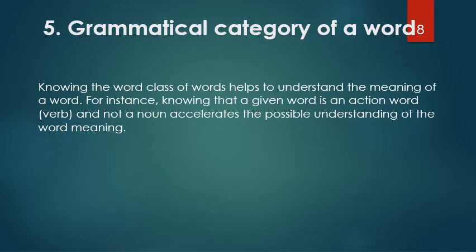Another way of knowing the meaning of a particular word concerns the grammatical category of that word, because the grammatical category or class may help in determining its meaning. We all know that English is an SVO language, that's subject, verb, object language.